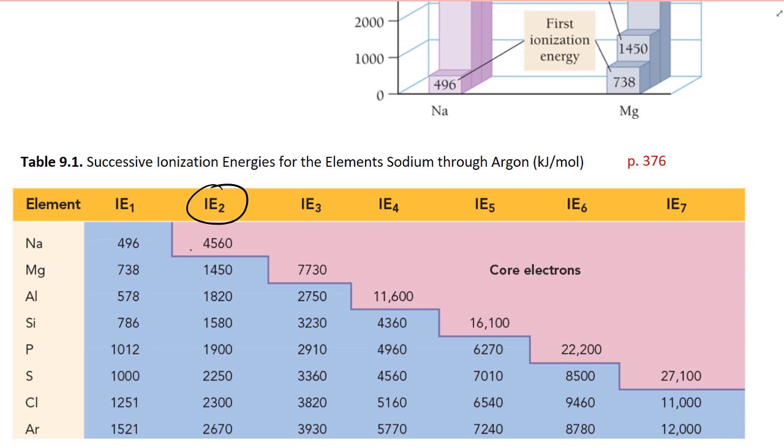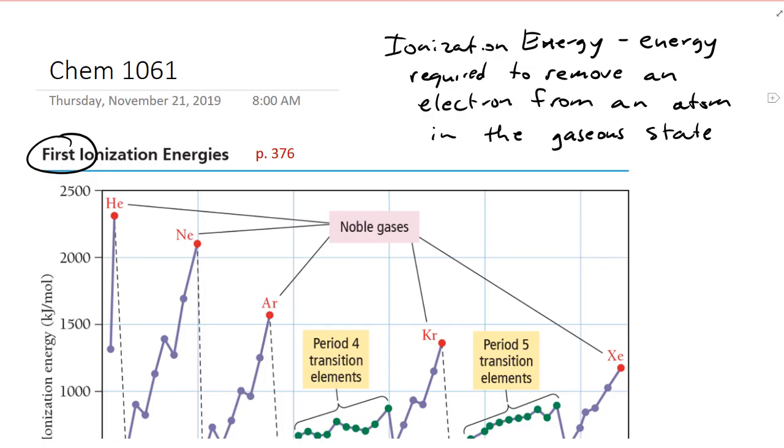So when we see the first ionization energy, like we have right here, this is the energy required to remove one electron. Again, the second ionization energy would be the energy required to remove the second electron from an atom. The third ionization energy would be the energy required to remove the third electron from an atom, and so forth.